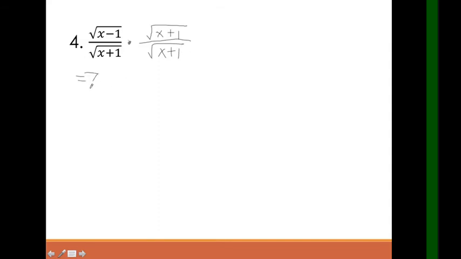Next is, if we are going to multiply this one, pwede ko na kasi i-cancel ito eh. So, that's already x plus 1. Dahil pareho sila ng radical. So, pwede ko na siyang i-cancel.